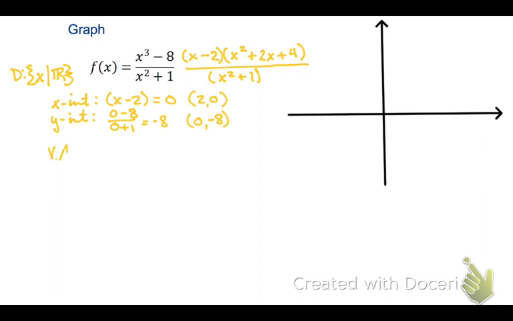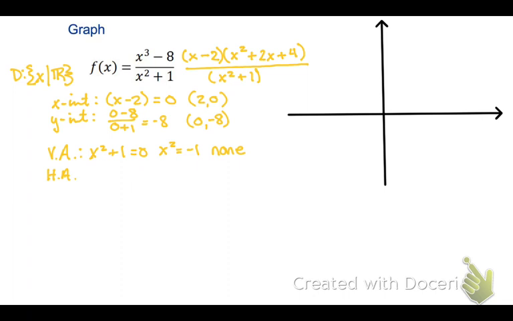Vertical asymptotes. x squared plus 1 equals 0, but x squared equals negative 1, so that is none. Horizontal asymptote.